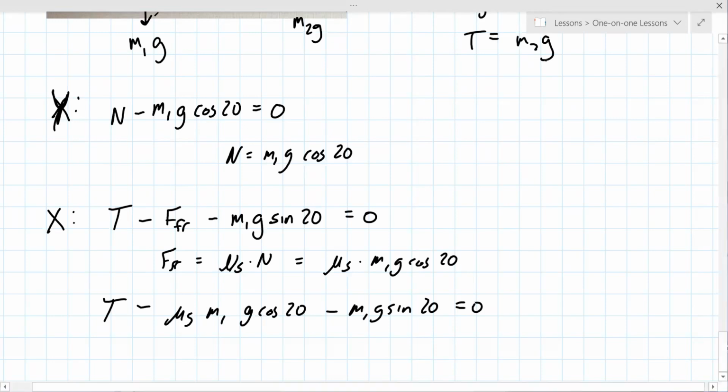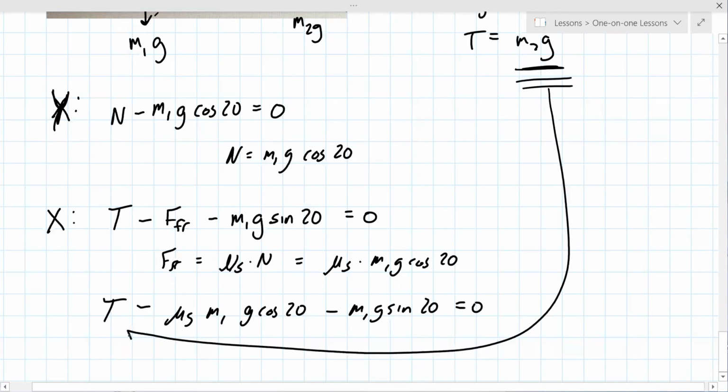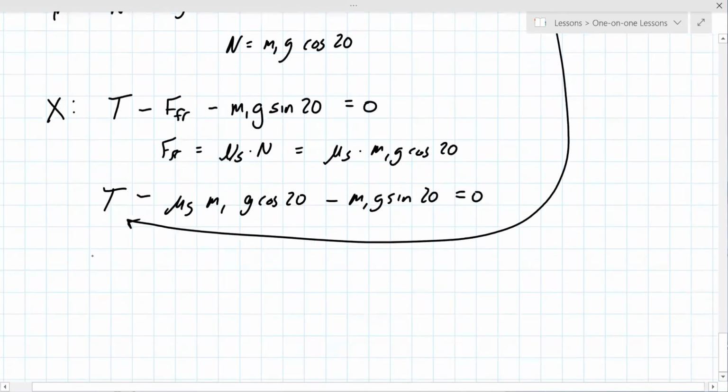And then we know that tension is m2g from up there. So we can substitute that in here. So m2g minus mu s m1g cosine 20 minus m1g sine 20 equals 0. The only value that we don't know is m2.